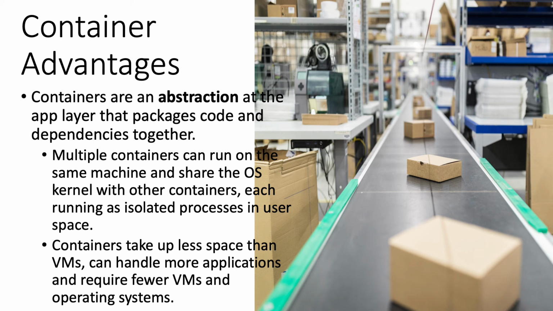You can have multiple containers running on the same machine. They can share the OS with other containers. They can each run isolated processes in user space. You have many of them sharing all of the resources, but to themselves, they look like they're in their own little worlds because they're within their own namespace.